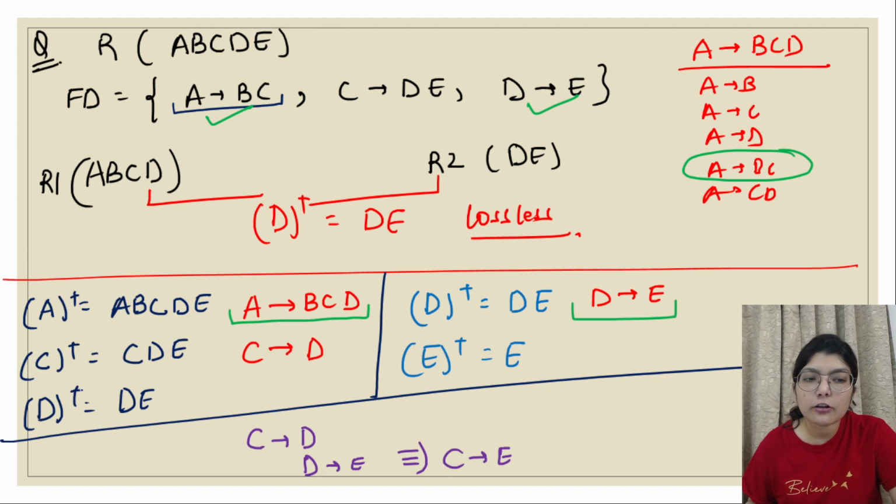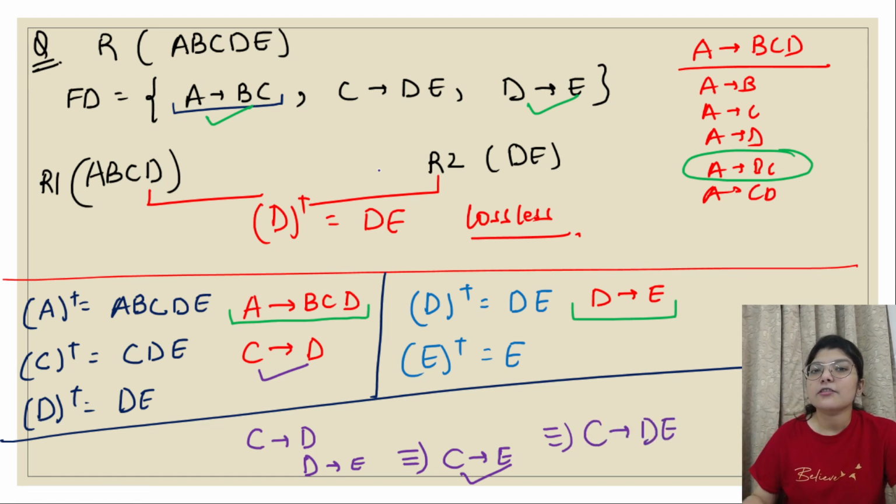You can write it here also, but E was not a part of this relation, so I have not included E over here. Now I have C to D and C to E, so I can simply write it as C to DE. So I have obtained this one also. So this is lossless and dependency preserving as well.